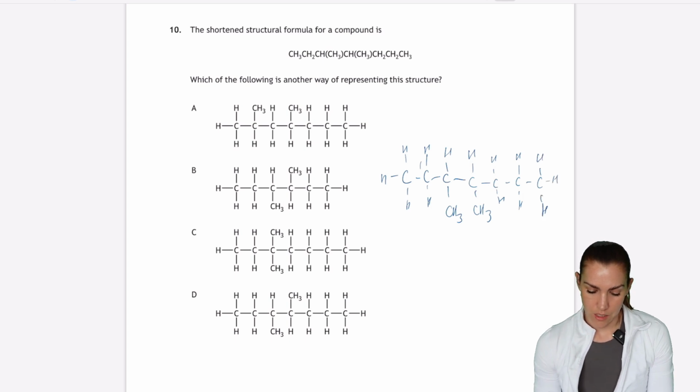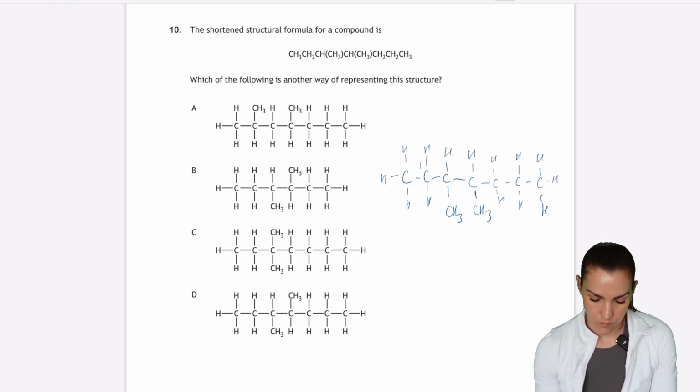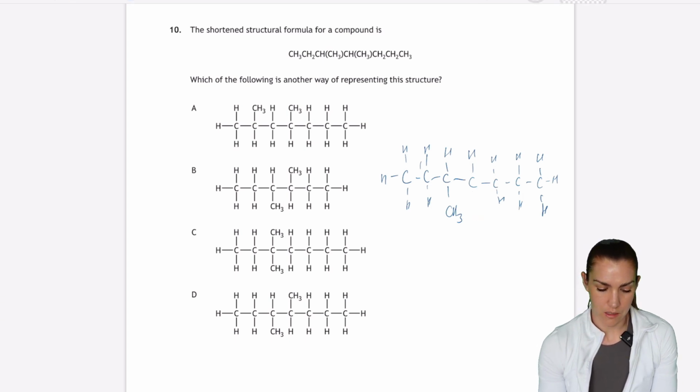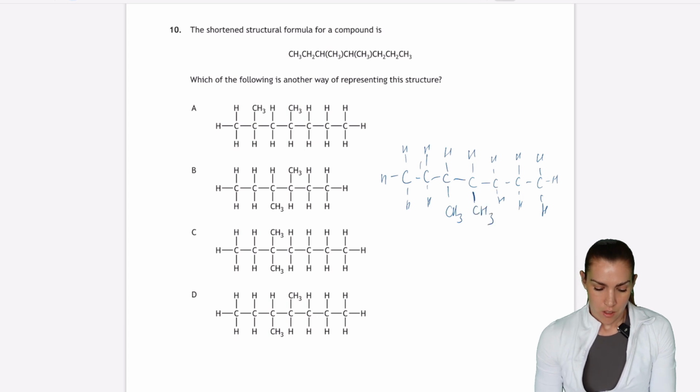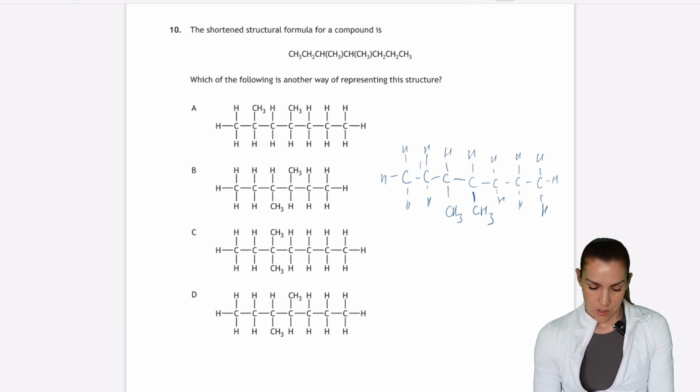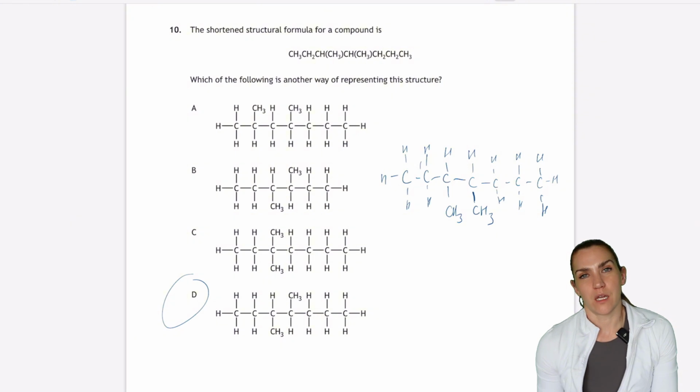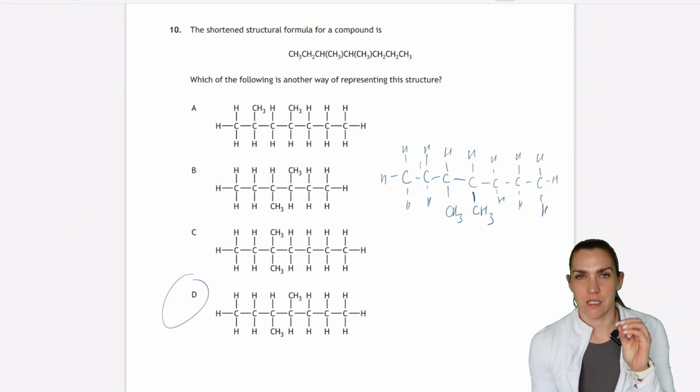So then you just look down at your answers and see which one of those you've got. It doesn't matter which way the methyl groups or the branches are pointing. Either it can be up or down. It's the same thing. So then we should find that the one that matches is D. Okay, so just remember anything in a bracket is technically a branch.